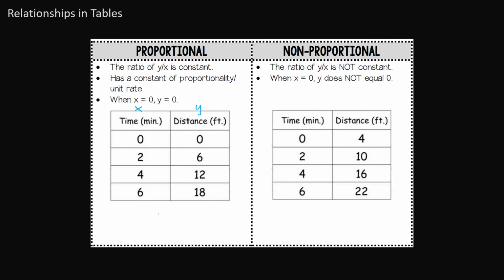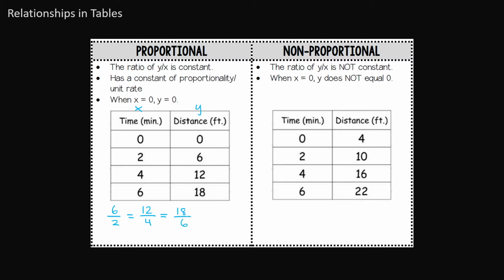So we want to take a look at the ratio of y over x throughout this table. So let's start from comparing 6 feet to 2 minutes. The ratio of 6 over 2. Let's see if it's equal to the ratio of 12 over 4. And let's see if that is equal to 18 over 6.